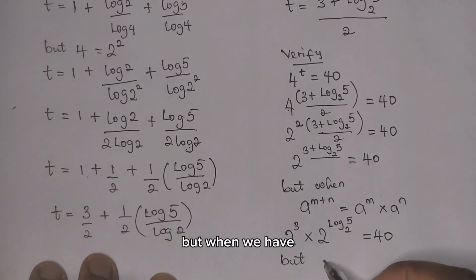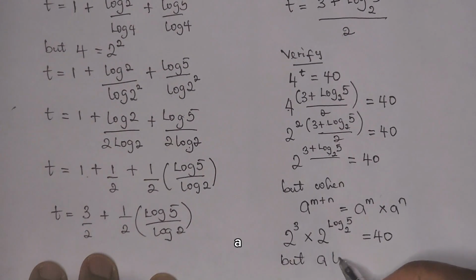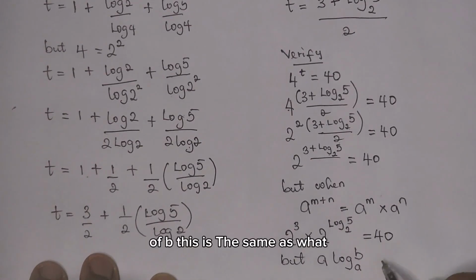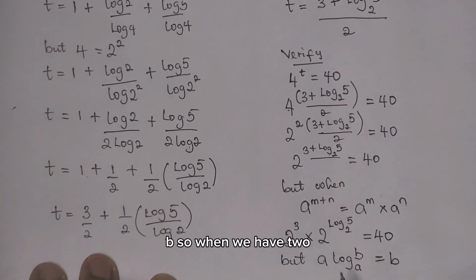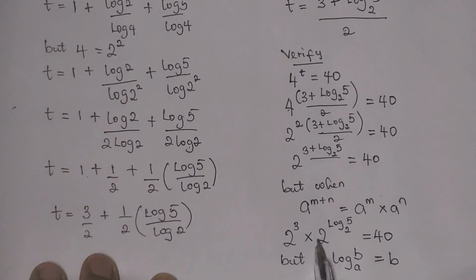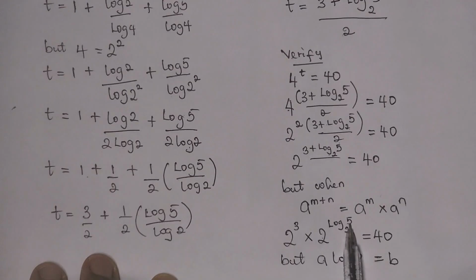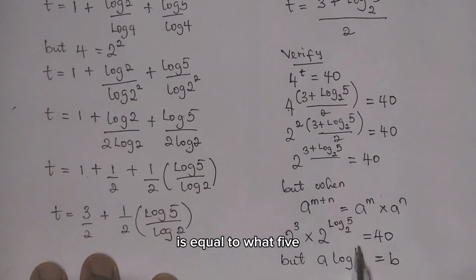But when we have a raised to the power of log to the base a of b, this is the same as b. So when we have 2 raised to the power of log to the base 2 of 5, it gives us 5.